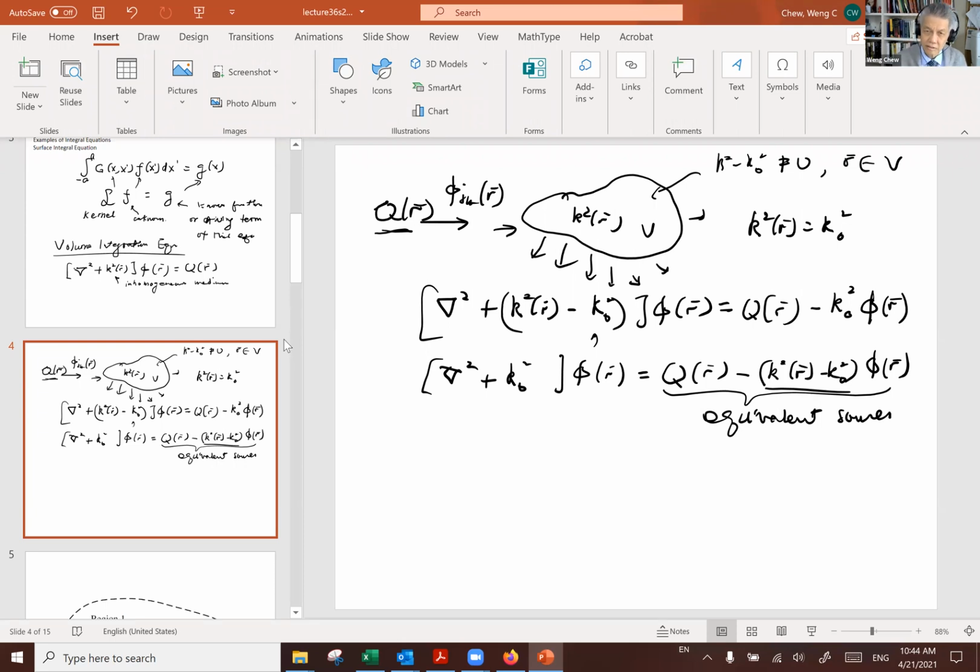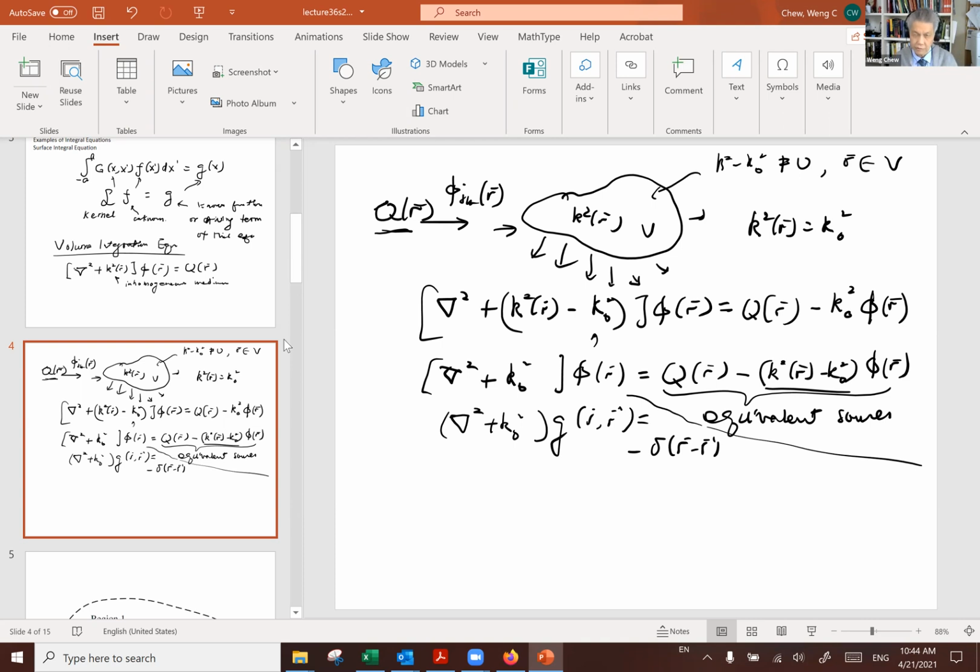And now I can use the principle of linear superposition, saying that if I know how to solve this problem by the Green's function method, okay, if I know how to solve the point source response to this problem, then I can use the principle of linear superposition, saying that this is the same as the convolution of the Green's function with the first term on the right-hand side.